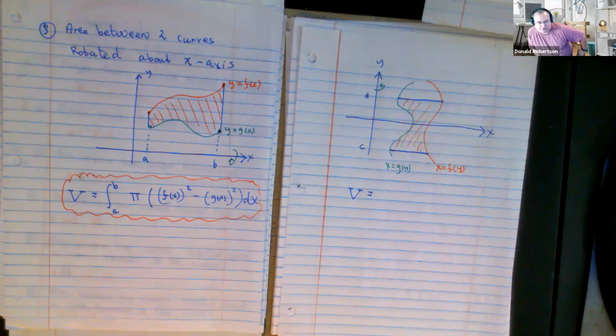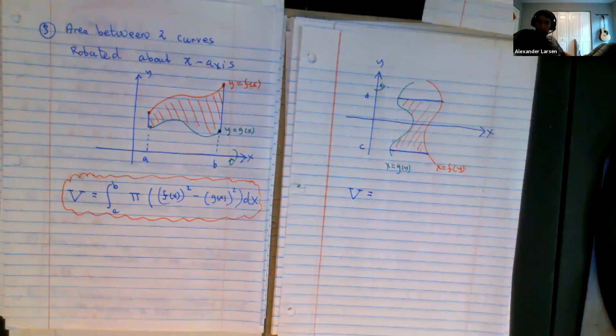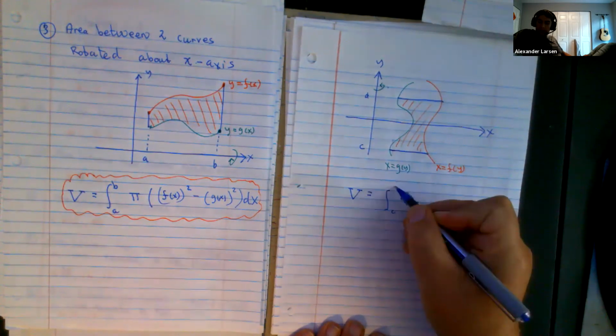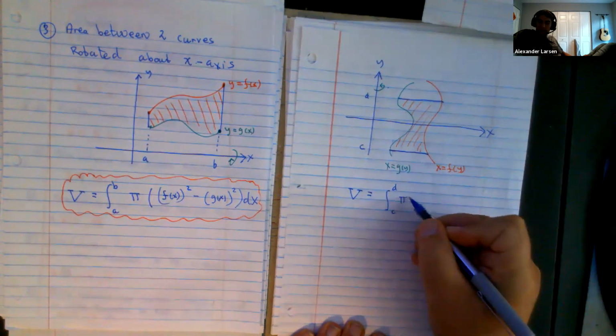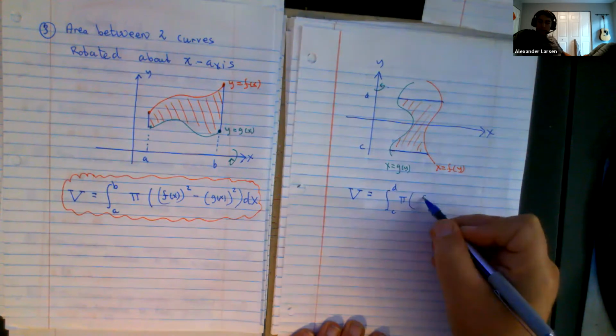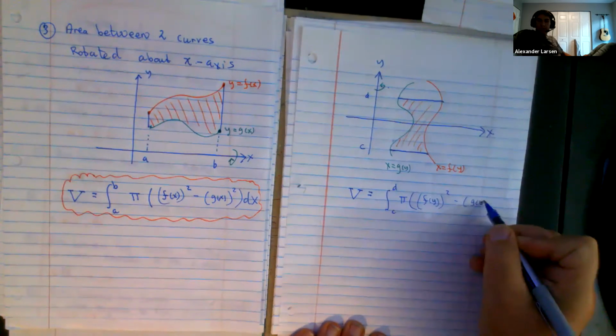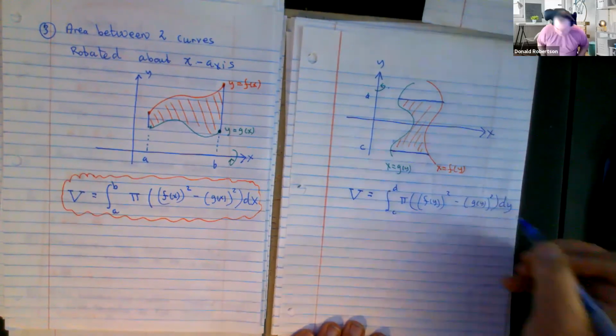Any volunteers? The integral from c to d of pi times f of y squared minus g of y squared. Would you all agree that that kind of makes sense?